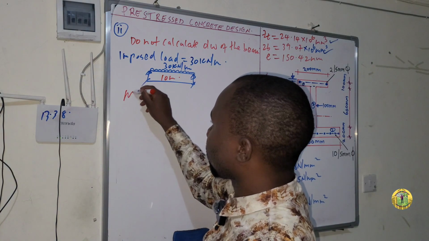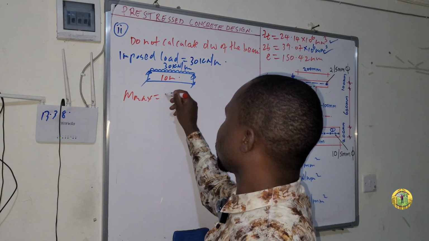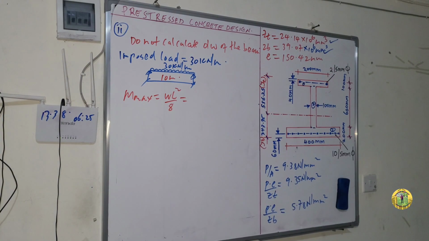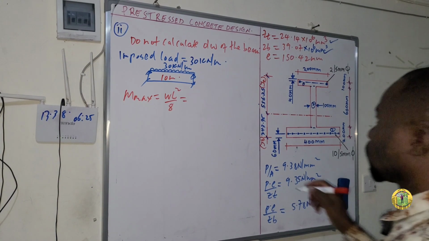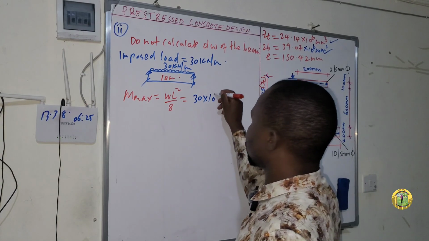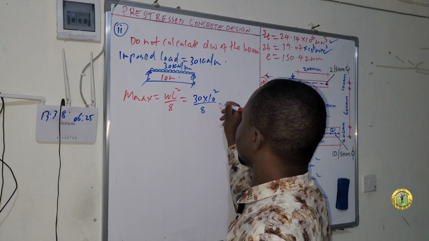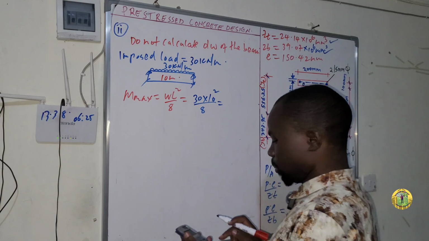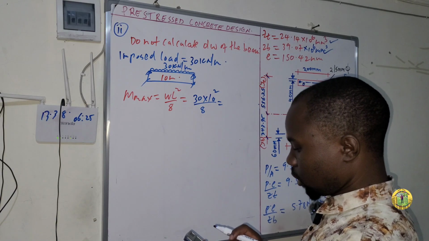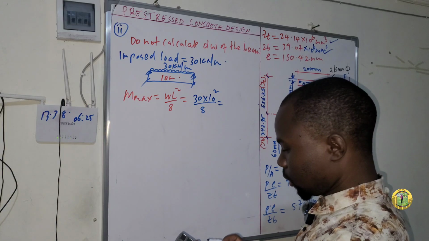So M max is equal to WL square over 8. So this one is equal to 30 times 10 square all over 8.